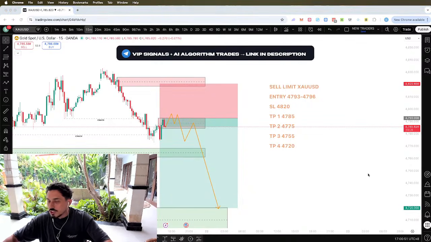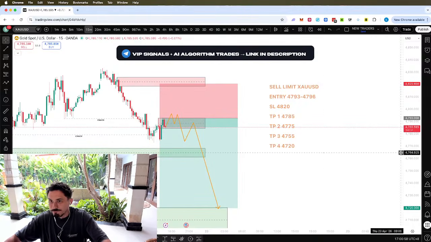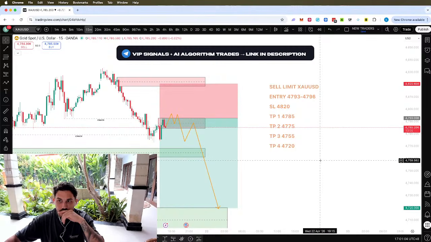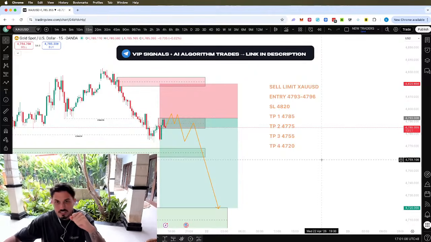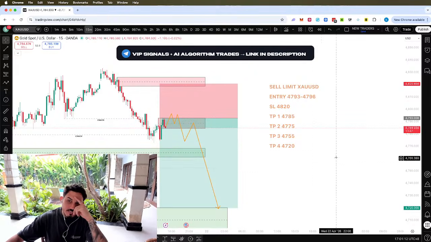Someone's messaging me, they say, "Oh bro, I was 8 pips off." I'm like, "Dog, I know, dude. I'm doing this live. Imagine for me." Now it's literally gonna hit TP1. So, fuck. That hit TP1.